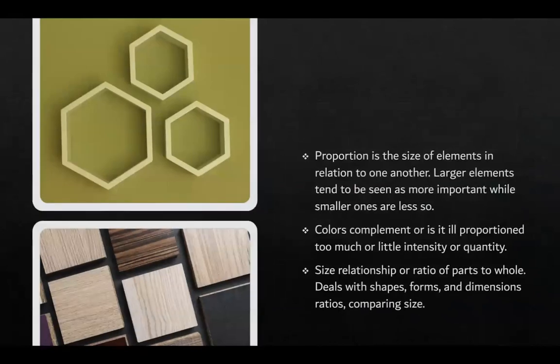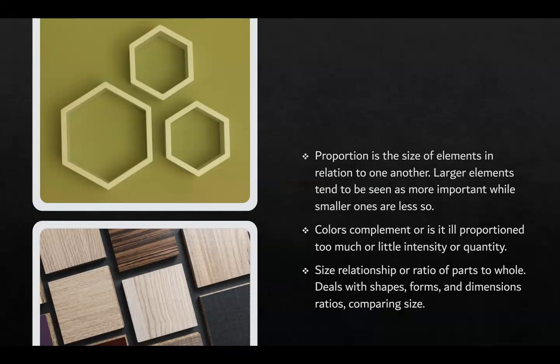So proportion is closely related to scale. The most important thing I would say about proportion is that it uses the elements in relation to one another. So, for example, in the left image, the top one, it shows the same shape being used, but they're different sizes, which sounds similar to scale, but it's not.